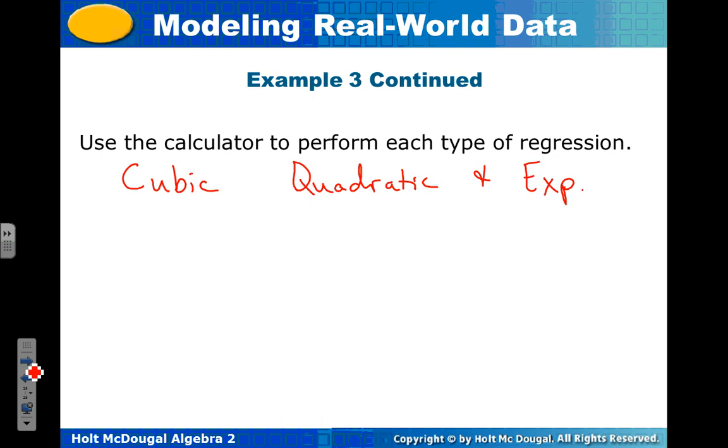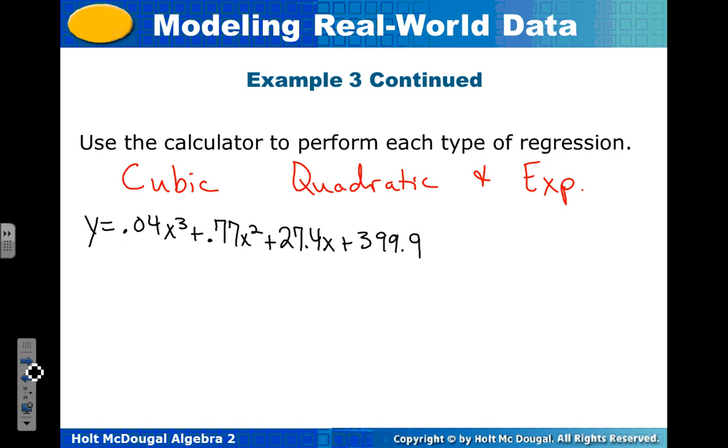So for cubic, you probably had something like y equals 0.04x to the third plus 0.77x squared plus 27.4x plus 399.9.